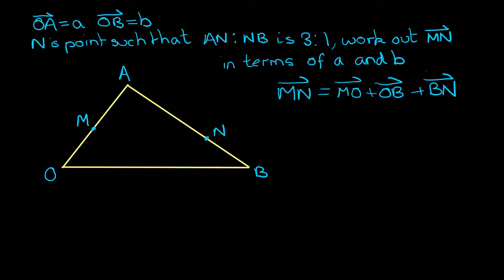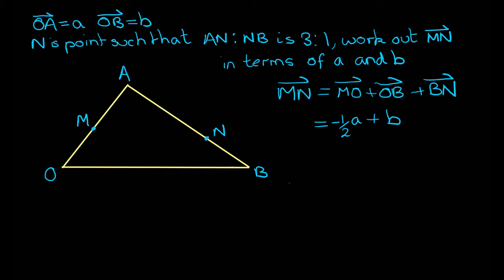Now, M is the midpoint of OA. So it's halfway along, but it's the wrong way round. OM would be the same direction as OA, but MO is reversed. So that means that that part is going to be a half, but it's going to be minus a half A. OB is simple, that's going to be a B. So the bit that we don't have again this time is the BN, because we don't have BA as our vector.